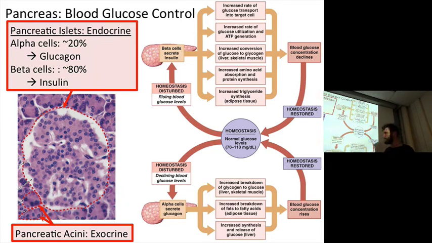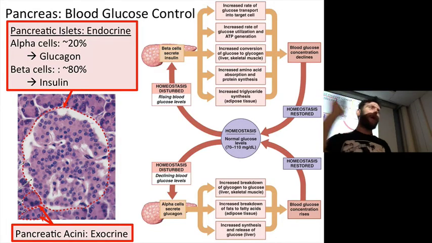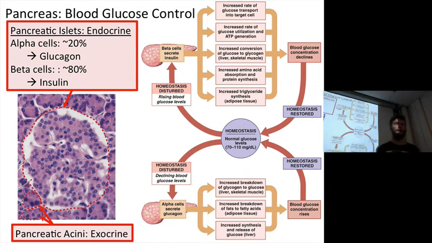All right, so you had your breakfast, we released some insulin, we utilized the glucose, stabilized the blood sugar, and now time is wearing on, and the blood glucose begins to dip. So the alpha cells are going to produce glucagon.